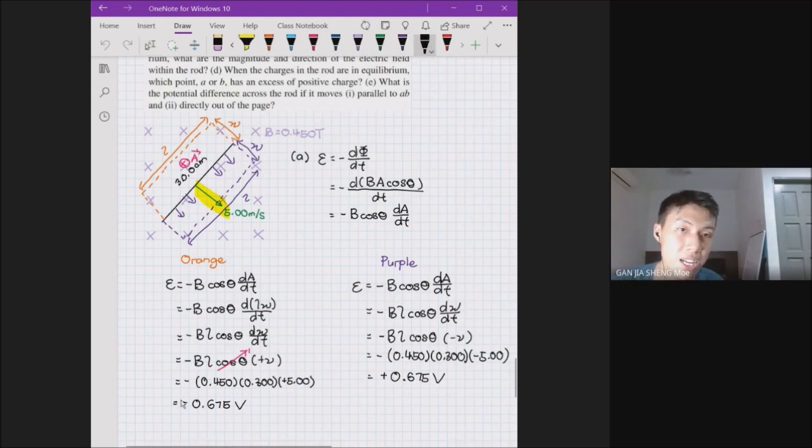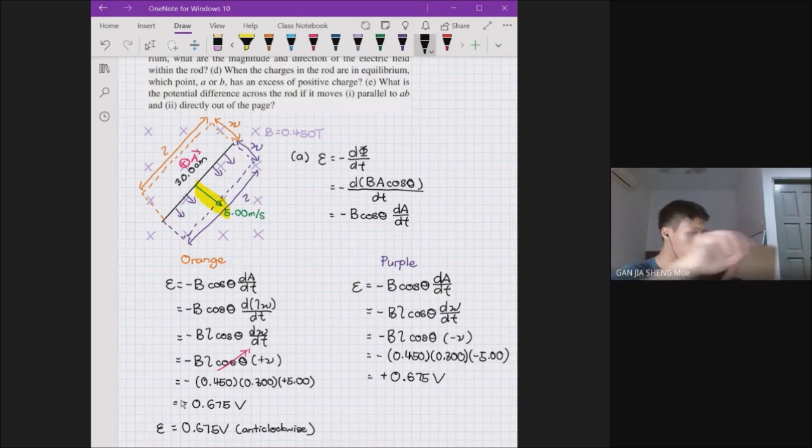So it means that the answer is anti-clockwise. You can write as 0.675 volt, and the answer is anti-clockwise. Okay. Again, if you use your right hand rule, your thumb pointing into the page, the curling of your fingers is showing clockwise. But because it's a negative answer, you flip the direction to become anti-clockwise.